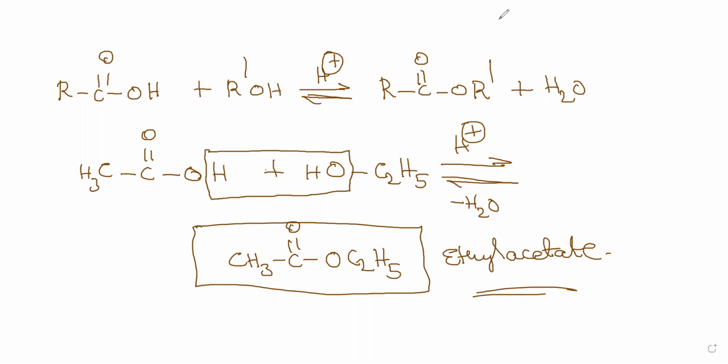So the question comes in, how do you prepare aspirin? First of all, what is the aspirin molecule? So this is our aspirin. I'll draw that. So here you have OCOCH3. This is our aspirin molecule.